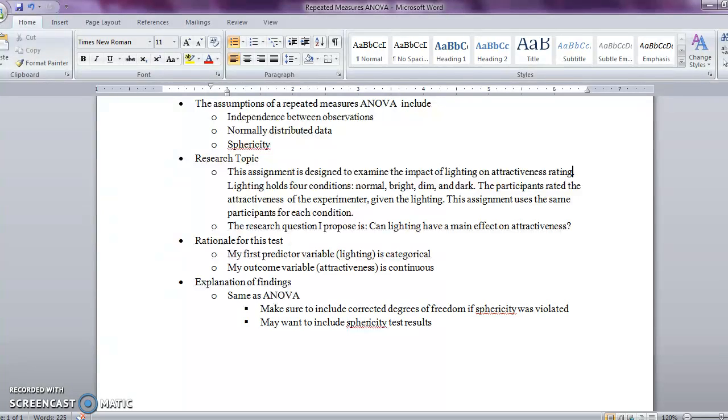The specific question is: can lighting have a main effect on attractiveness? My rationale for this test is that my predictor variable, lighting, is categorical with three or more levels. It has 4 levels, so it's good. My outcome variable is continuous, and that is attractiveness.